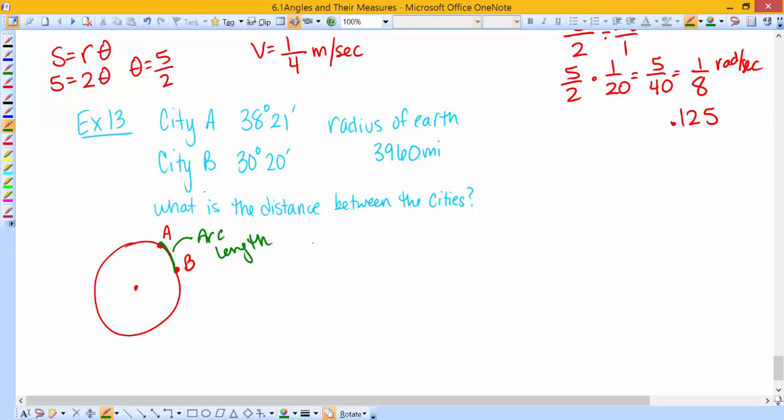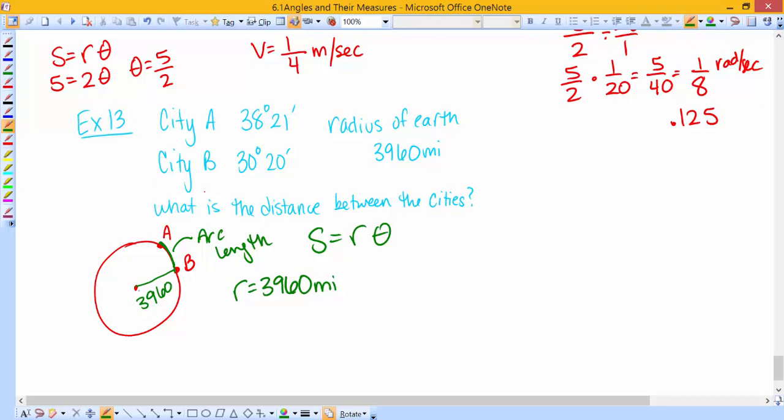So for arc length, you need your radius. Well, we do have the radius. We know that the radius is 3,960 miles. Now I need to find theta.